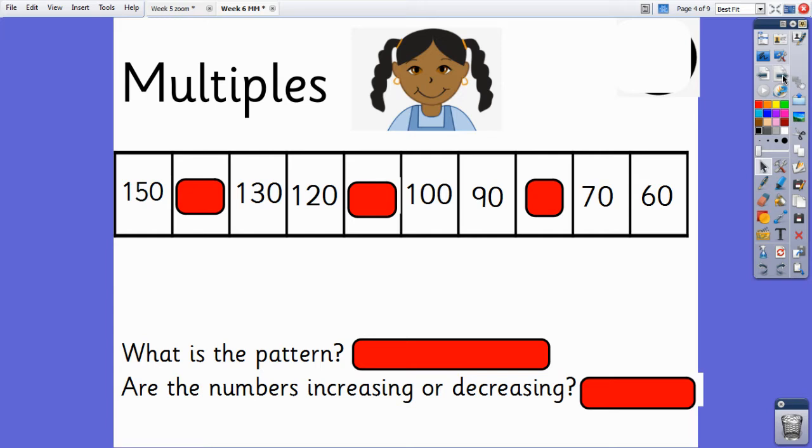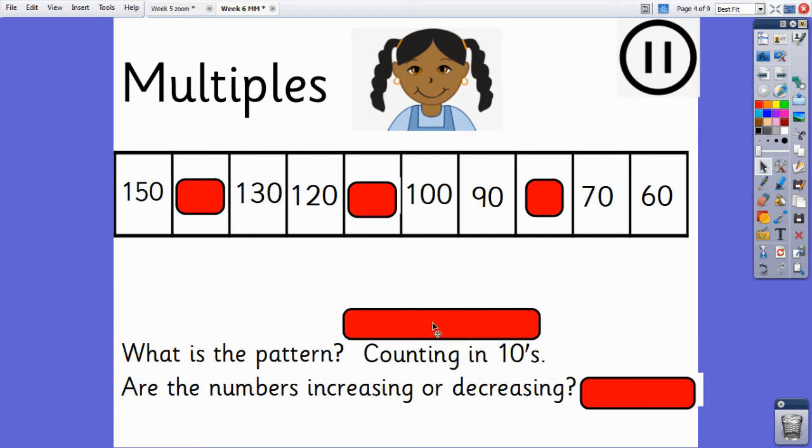I have a number track here. Could you please pause the video and have a look at the pattern? What are we counting in? Well done if you notice that we are counting in tens. Have a look at the number track again.